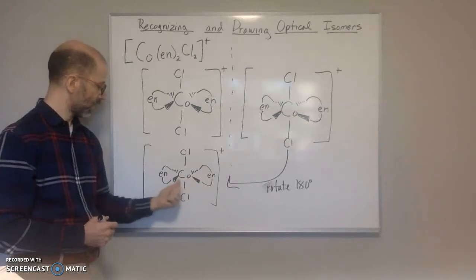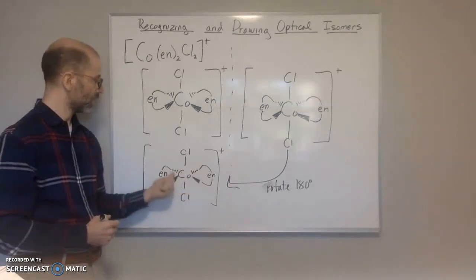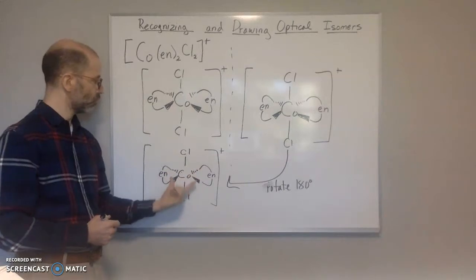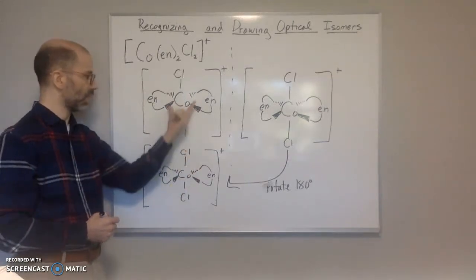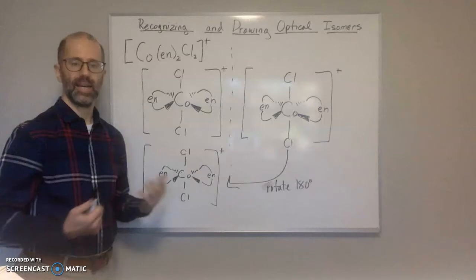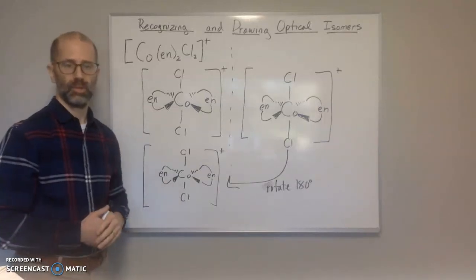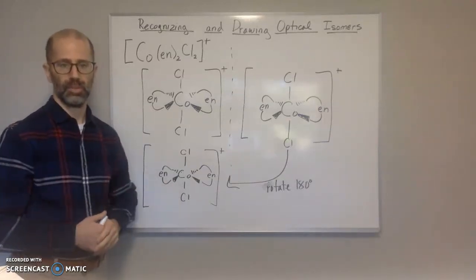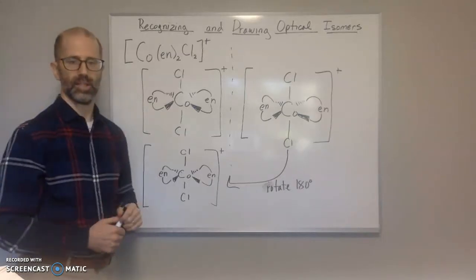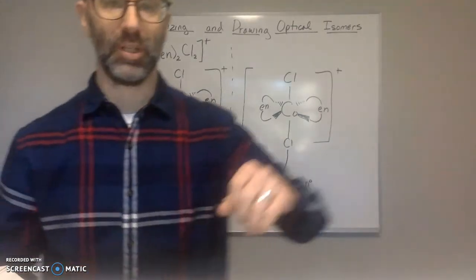These two are coming out, these two are going into the board, these two are coming out of the board. And so you can superimpose this one onto this one. So that means that they're both identical to each other. They're not isomers. They're not optical isomers. Okay, so what about the other isomer? I'll come back with that one.